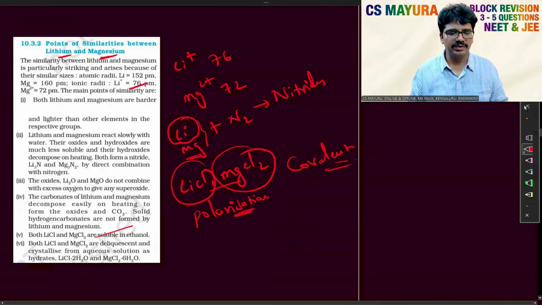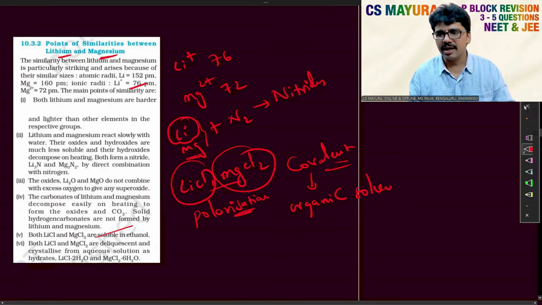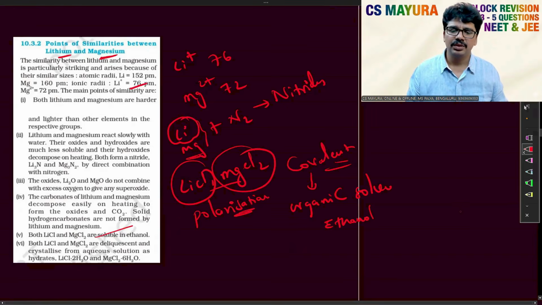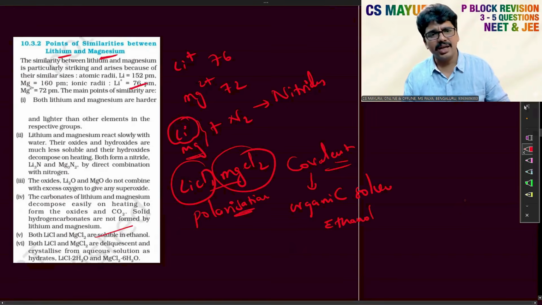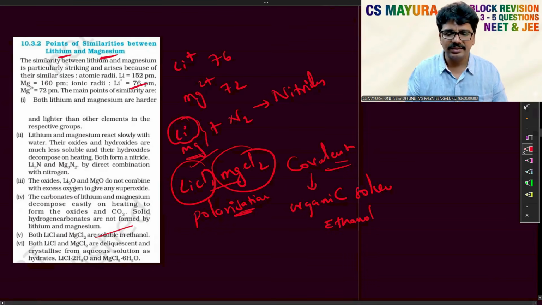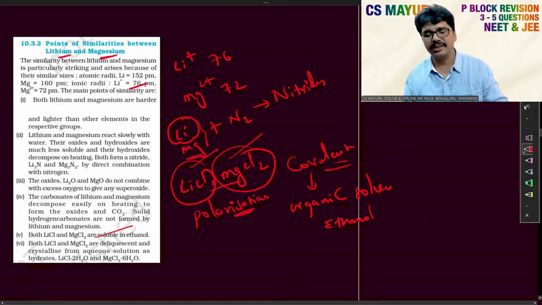As they are covalent compounds, they are soluble in organic solvents like ethanol, ethyl alcohol. Generally ionic compounds are soluble in water, right? But covalent compounds are generally more soluble in organic solvents. So due to polarization, LiCl and MgCl2 have covalent character.